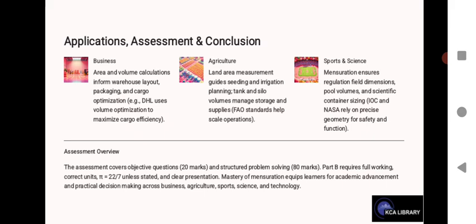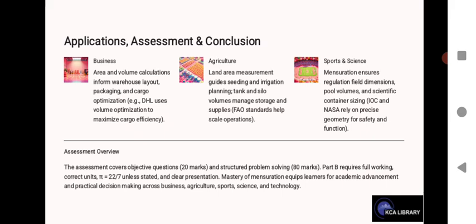In agriculture, it is also important because measurement of land area guides seeding and irrigation planning. It can also be used in control of tank and silo volumes, to manage storage and supplies.